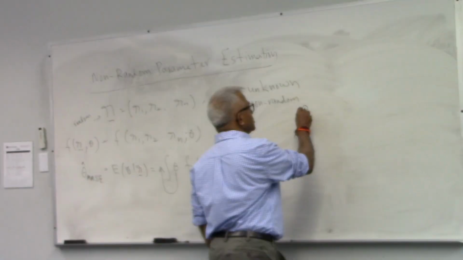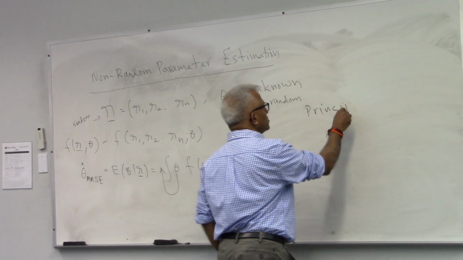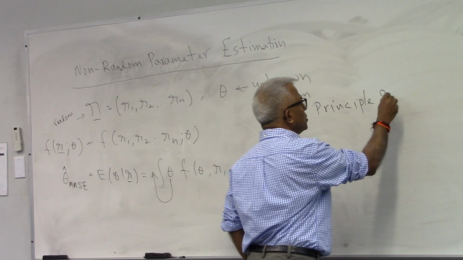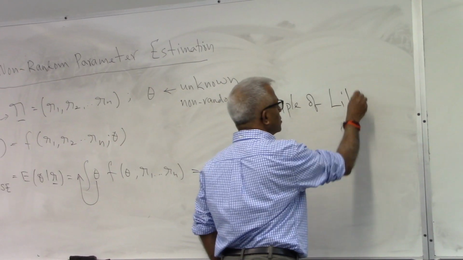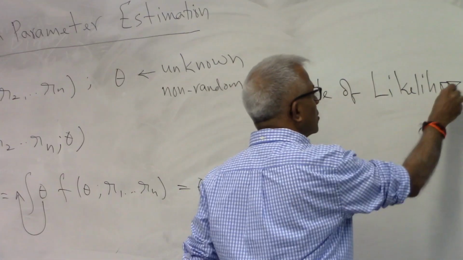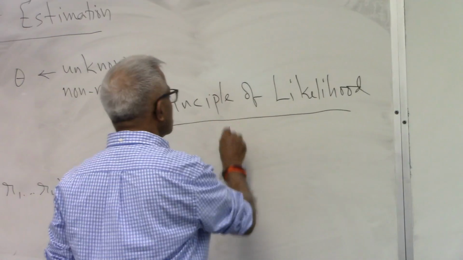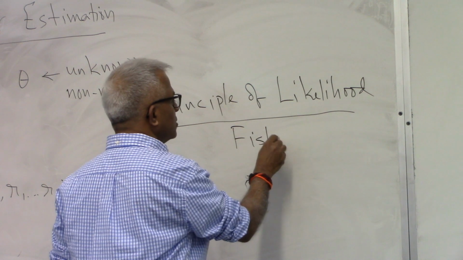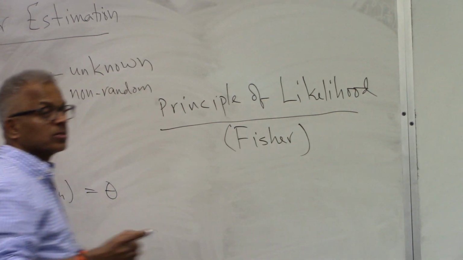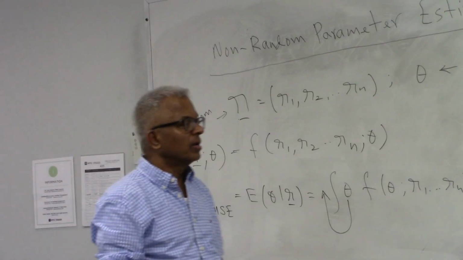This is where the principle of maximum likelihood comes up, which is the one used universally. This is by Fisher, I think, the English statistician from the last century.